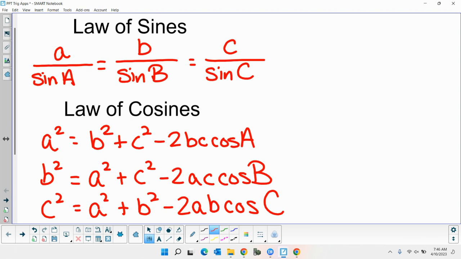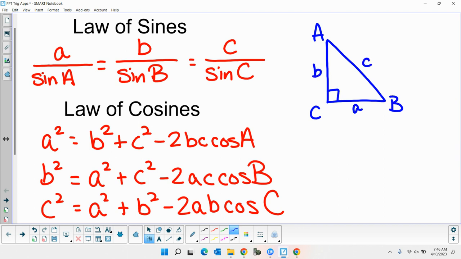Okay, and then remember, just quick review, some of our problems were right triangles. Maybe if you want to do it that way. So remember, this would be side A, this is side B, and side C is our hypotenuse, and then the Pythagorean theorem works. And then you got SOHCAHTOA if you want.